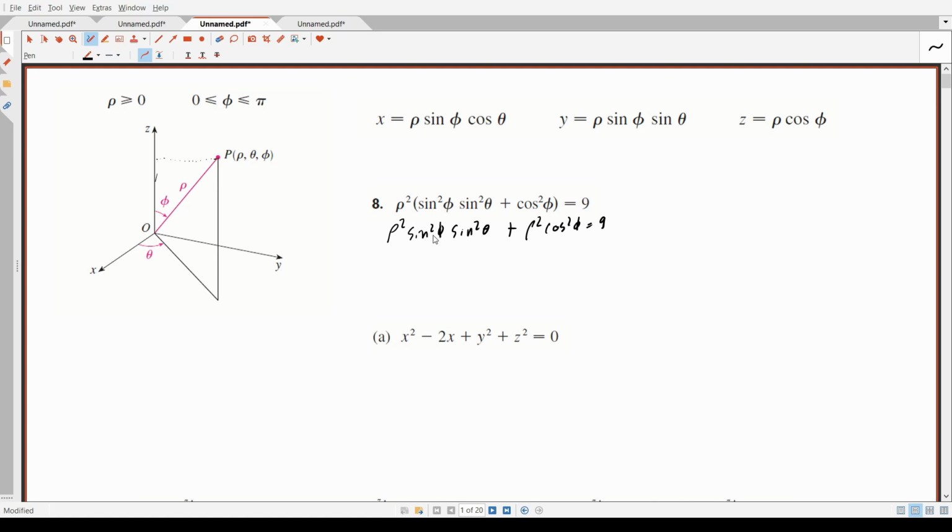So this looks like rho sine phi sine theta, all squared, plus rho cosine phi, squared, equals 9. But what do we know about this? This right here is just y, so this is going to be y squared plus, this is z, that's exactly what z is, z squared equals 9.